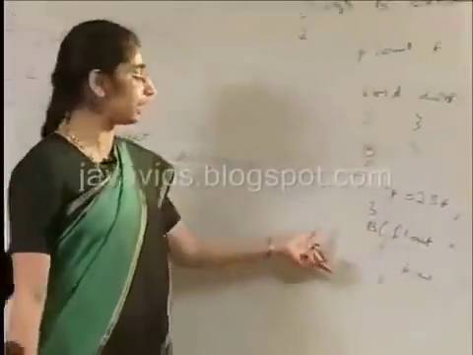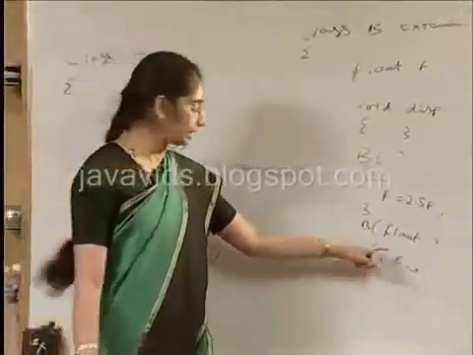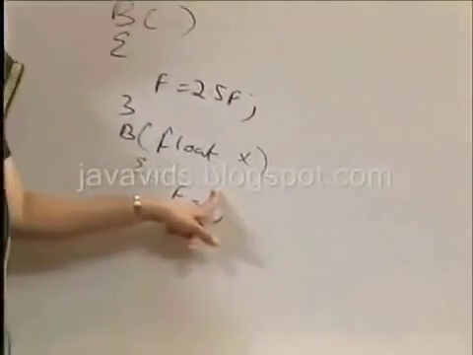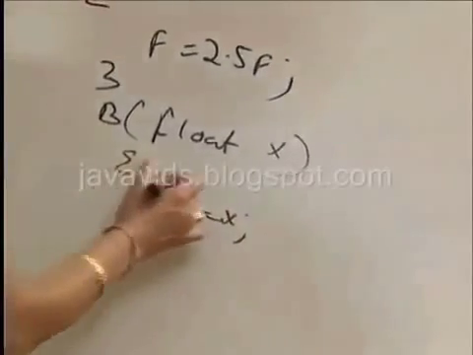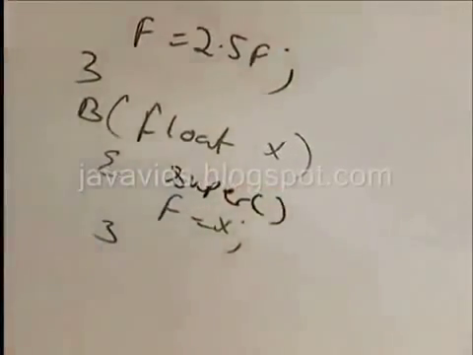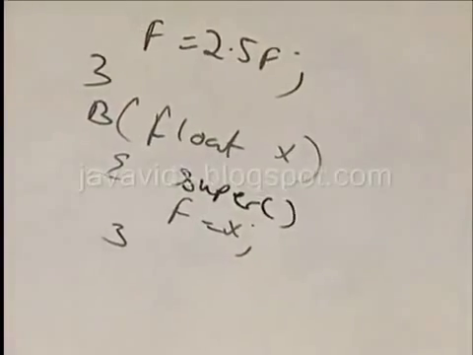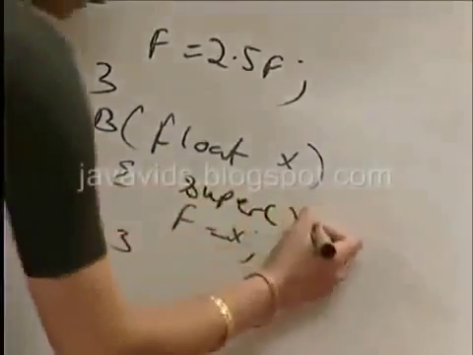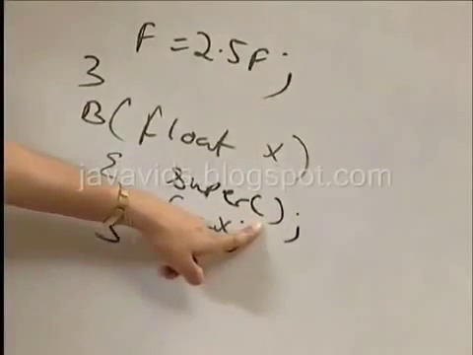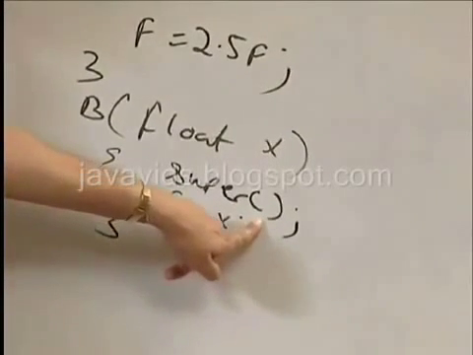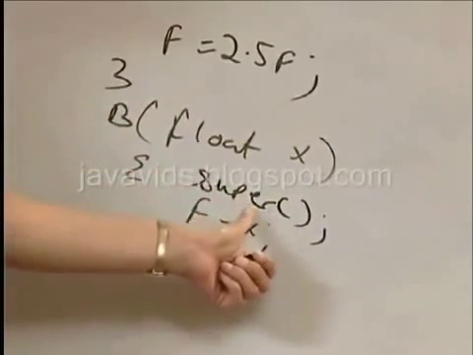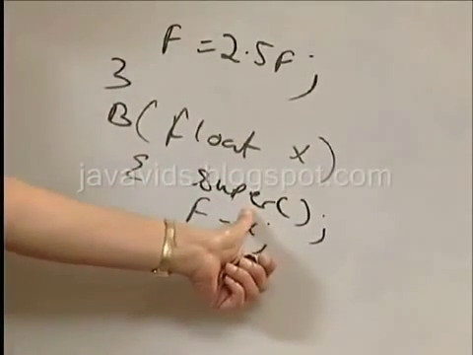In this case, the compiler will insert a call to the parent constructor at the beginning of this constructor, and to make a call to the parent constructor, the super call is used. So the compiler inserts the super call at the beginning of the constructor. We need not write it. If we do not write it, the compiler inserts the super call likewise.